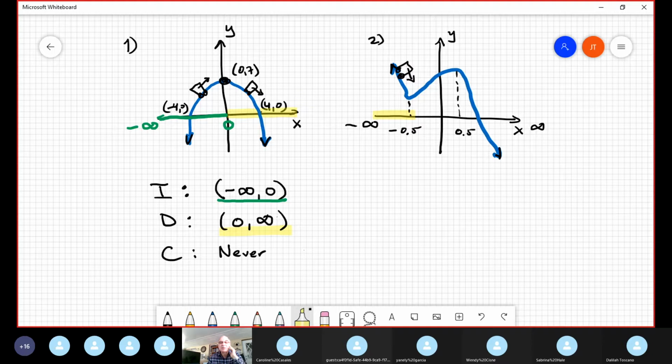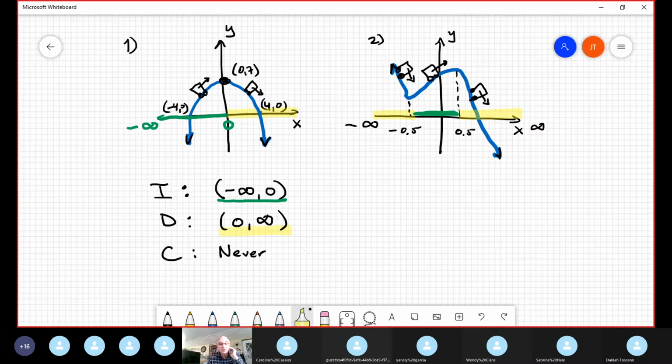At negative 0.5 it starts increasing. Look, the car is going up, so it is increasing in this interval. Finally, in the last interval, the car is going down also, and the function is decreasing.